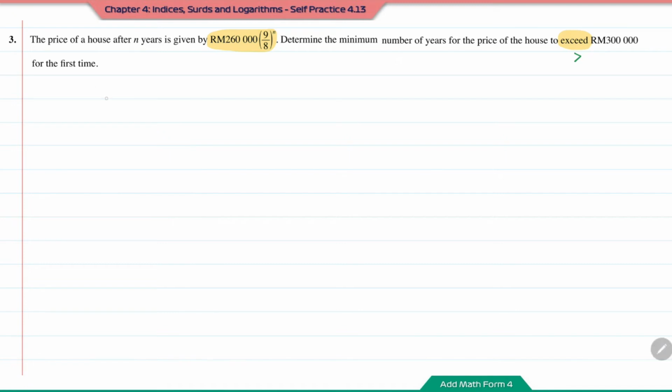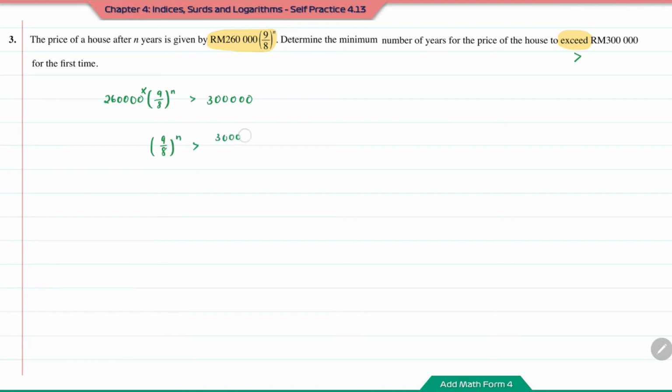Therefore, I can write it as the price of the house, which is 260,000 times 9 over 8 to the power of n. The price of the house here must exceed 300,000. So here is multiplication. So first I can move this 260,000 to the right hand side.